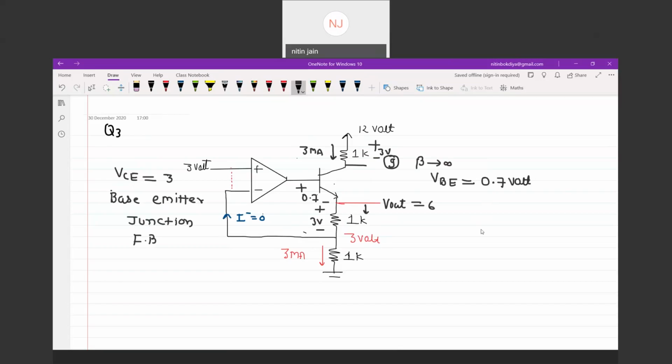So our assumption and calculations are correct, because these calculations are only correct for the forward active region. The BJT is working in the forward active region. So this is the idea.